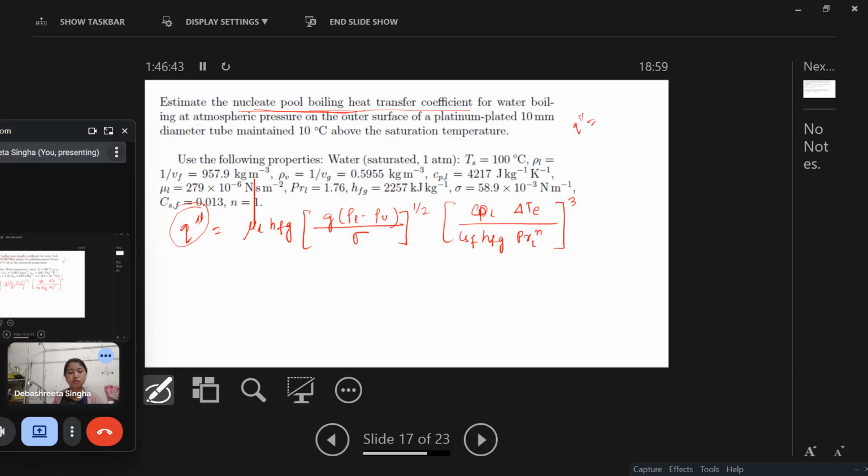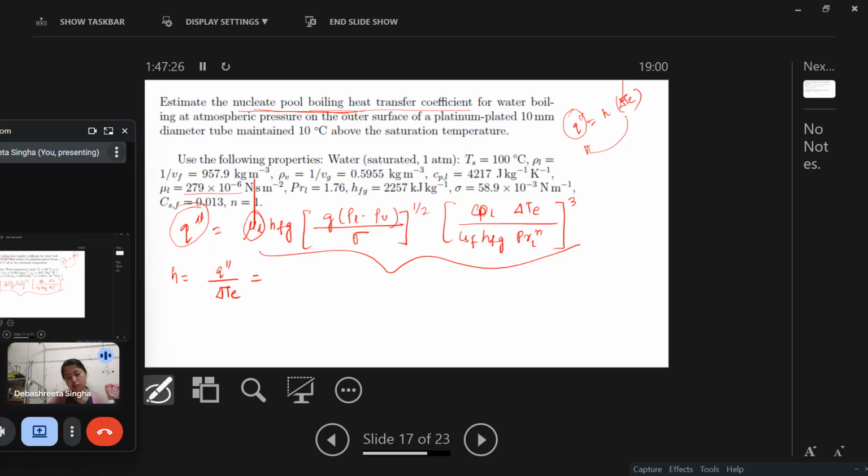So we know Q is h delta T only. So just divide this Q by delta T, then you get the h, right? Now for this, I'm directly writing the answer, please calculate it. Just insert all the values.